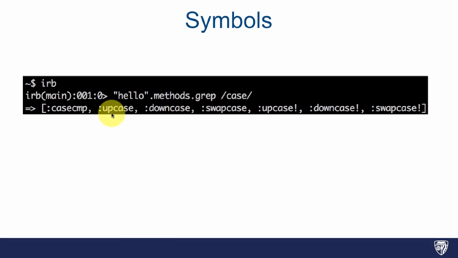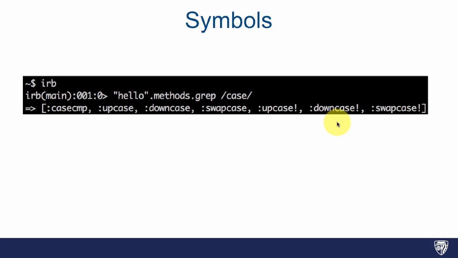As you could see here, the string "hello" has an upcase method and a swapcase method, which basically makes uppercase lowercase and lowercase uppercase. And it's interesting that, as you would expect, there is a regular version that returns a copy of the string, and there is also the destructive version that will actually modify the string in place. So upcase, downcase, swapcase as well.